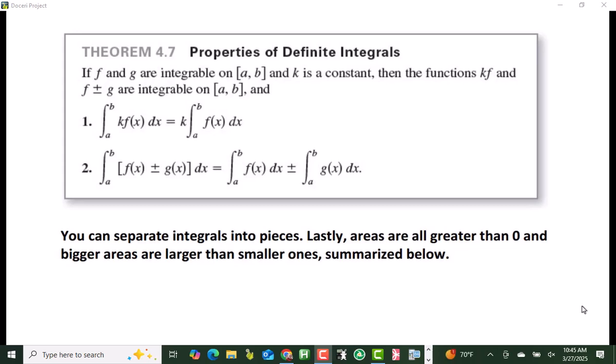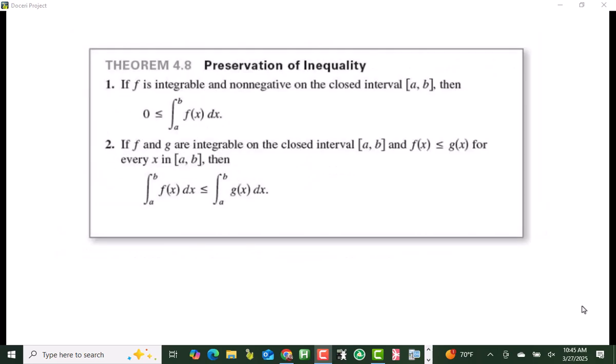Okay, all right, let's see what they're talking about there. They're telling us that definite integral is no smaller than 0. You're not going to have a negative there from A to B. Again, look at the interval.